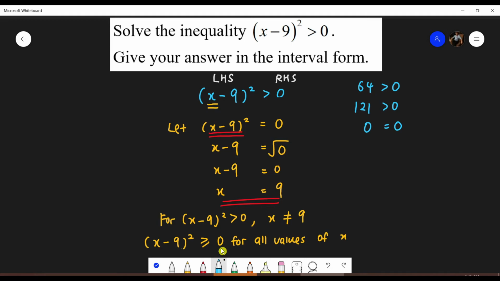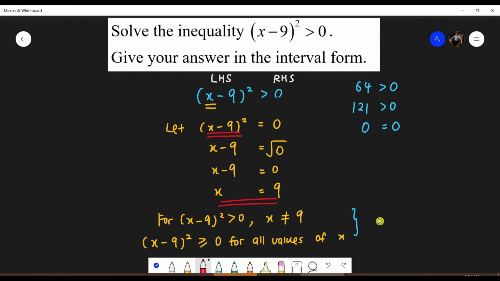But then we go back to the question. We want to ensure this term is greater than 0 and we don't want this term to equal 0. So what should we do? Actually, we can combine these two statements into one. We know that all values of x will satisfy this inequality.